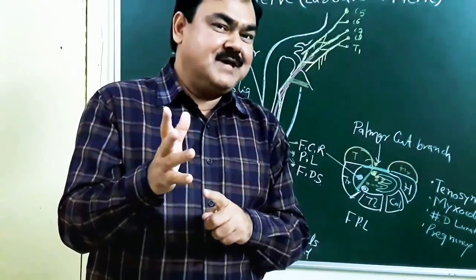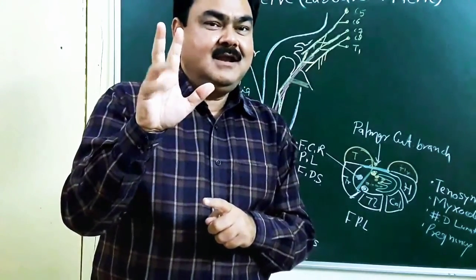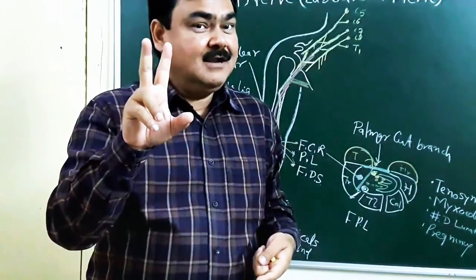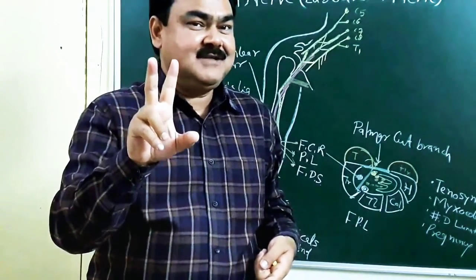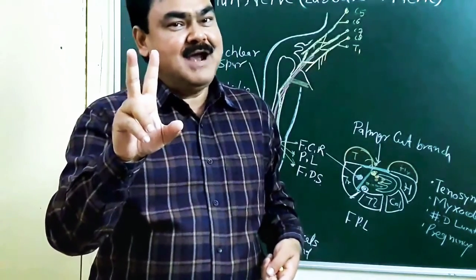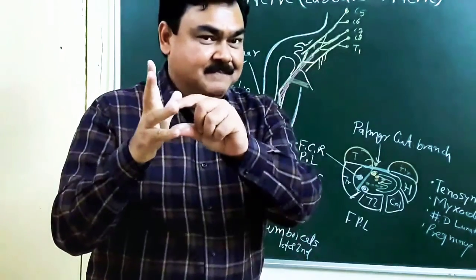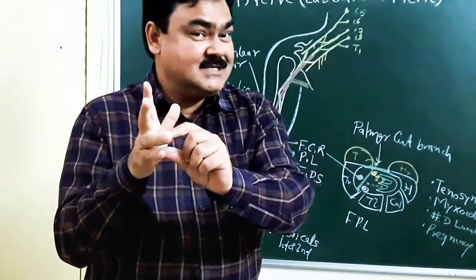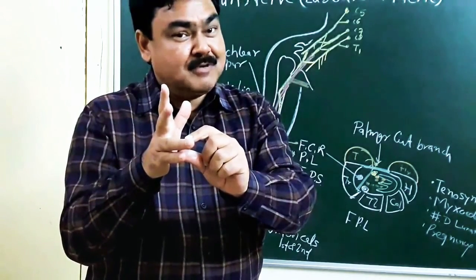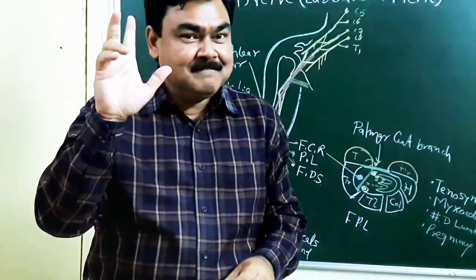If the patient is asked to flex the fingers, then in these 2 fingers, both flexors, superficialis and profundus, become paralyzed. So the patient cannot flex these 2 fingers. And here flexor digitorum superficialis is paralyzed, which is supplied by the median nerve, and flexor digitorum profundus here is supplied by the ulnar nerve. So it partially flexes.